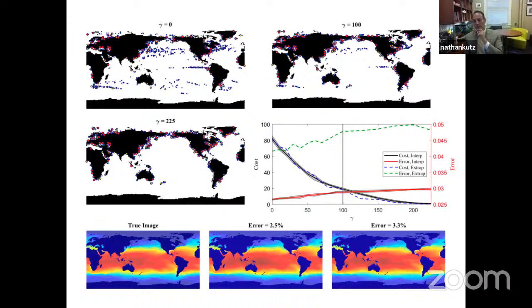The 3.3% error is when you've placed all the sensors on land. So in other words, you saved yourself a bunch of money by moving all your sensors to land, and you only lost 0.8% in performance. That's pretty remarkable, right?